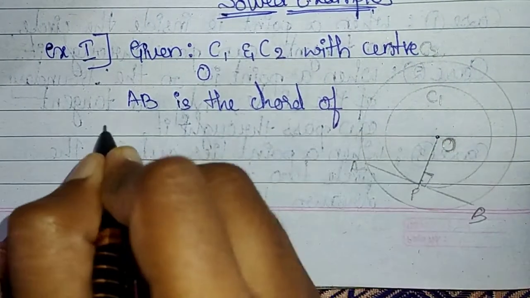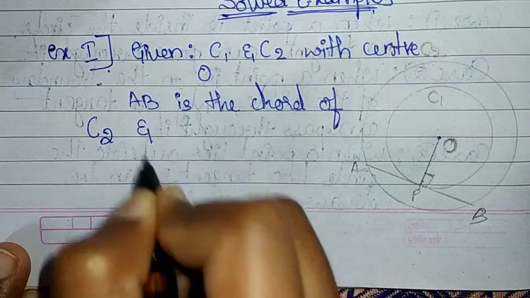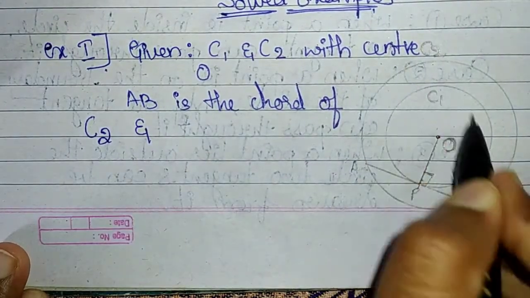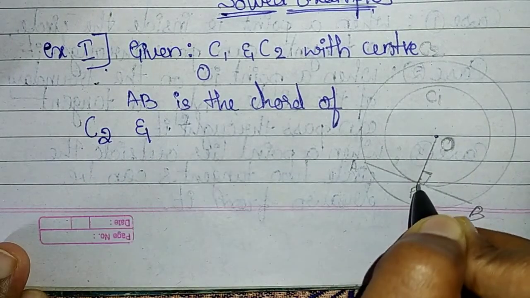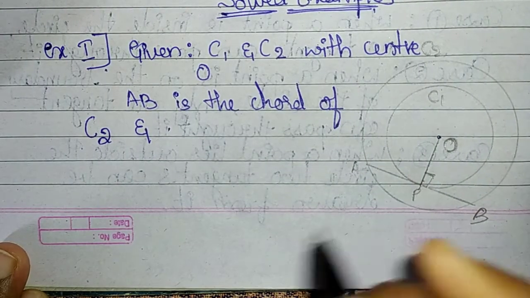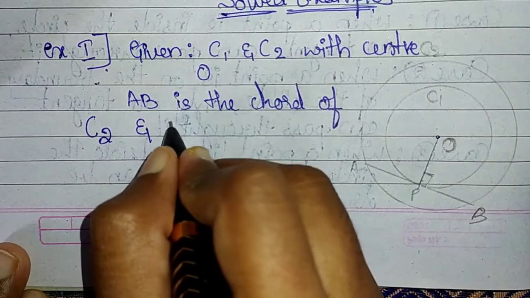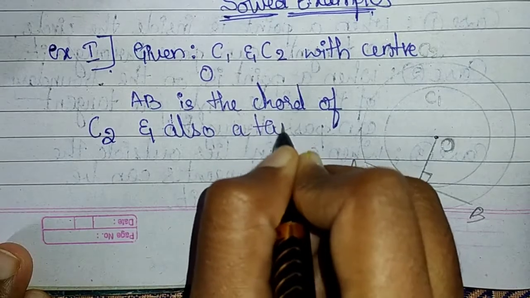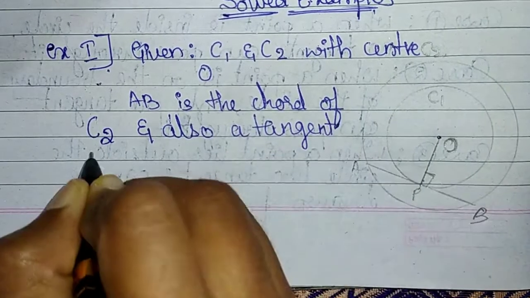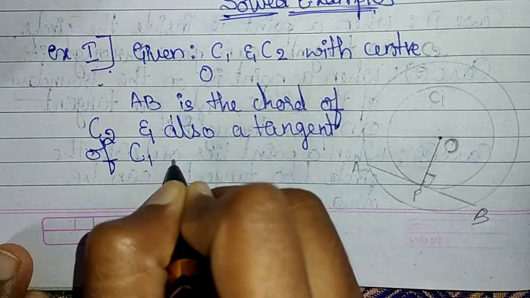So AB is the chord of C2 and it touches the first circle C1 at a single point, so it is also a tangent of C1.